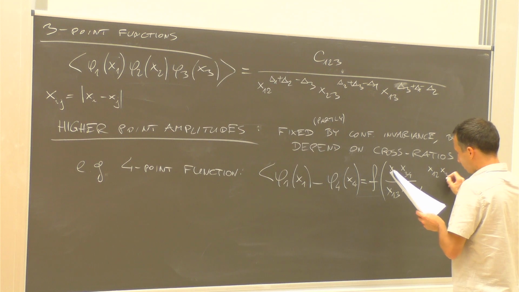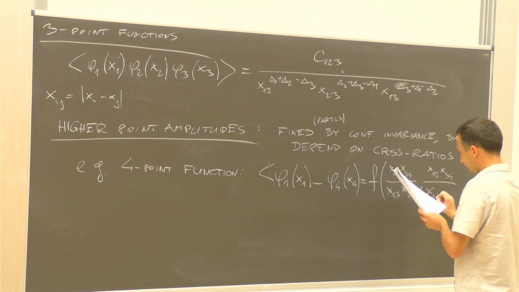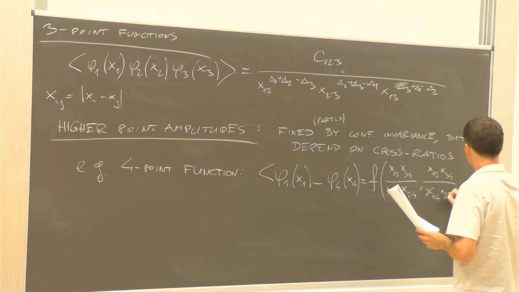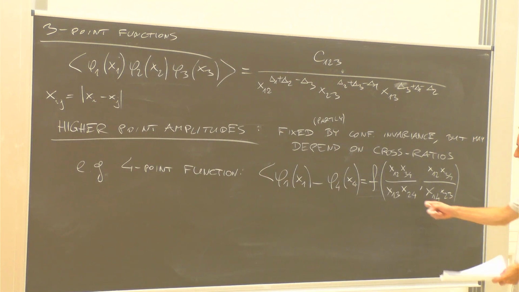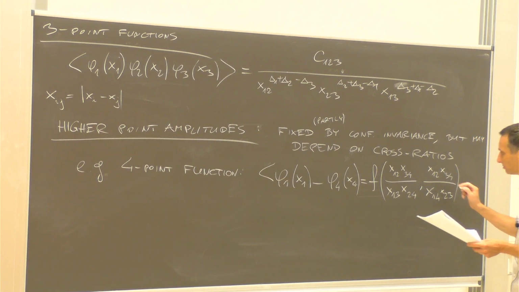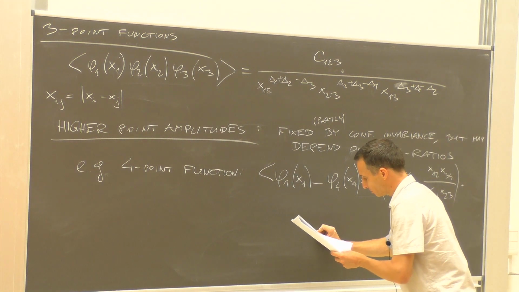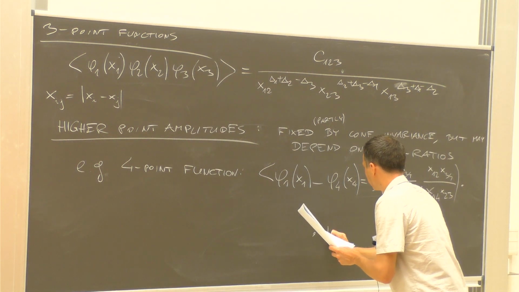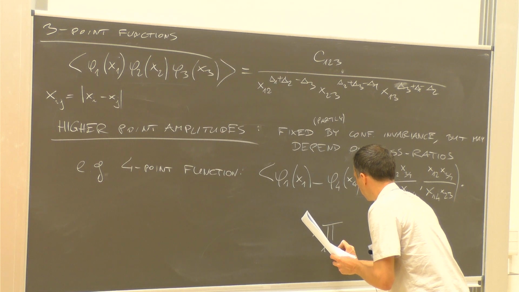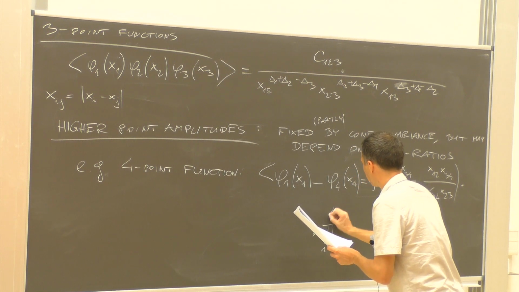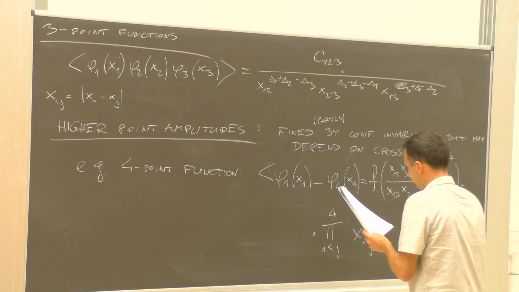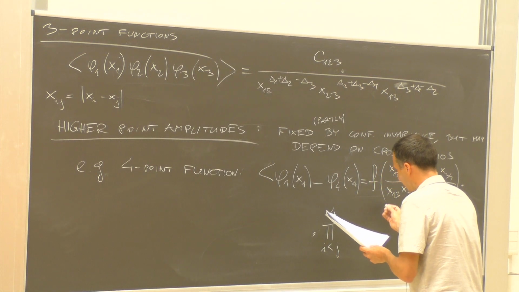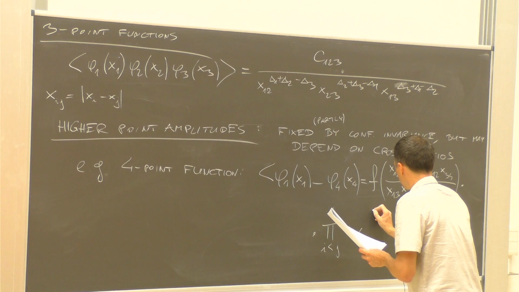If we have 4 points, we cannot specify what this function is, but we know that it must depend on just such 2 arguments. And then there is some overall dependence on these coordinates x1 to x4, whose form is fixed. It is similar to before.